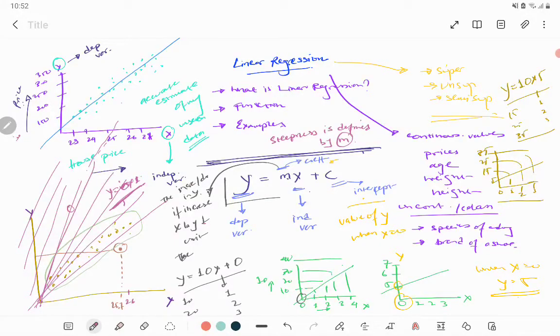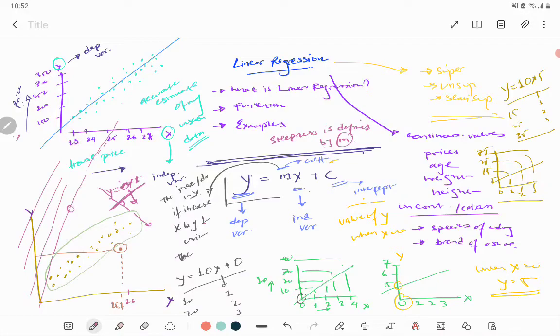The current line that I have over here is obviously a line that has a high m. So if I decrease m, that line is going to fall down here and reach the 45-degree line, and that is going to be a good fit.